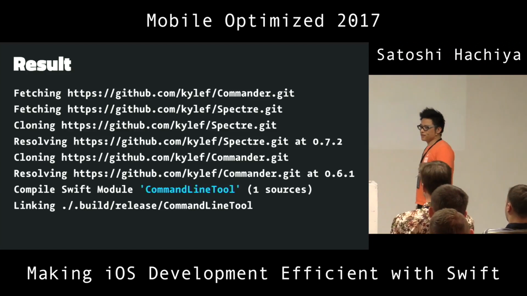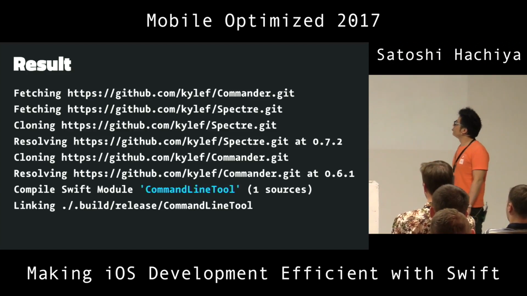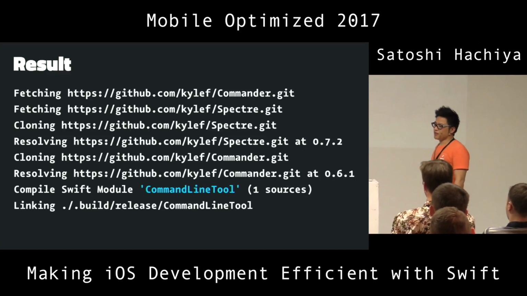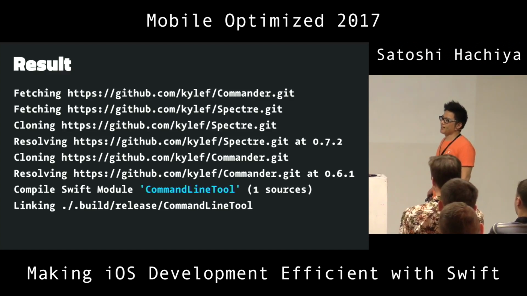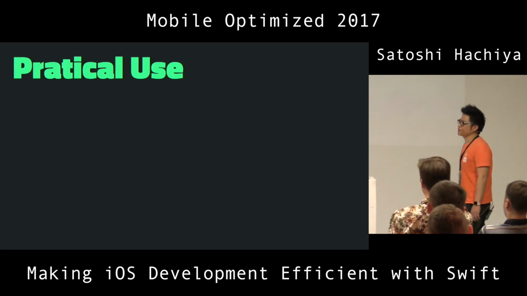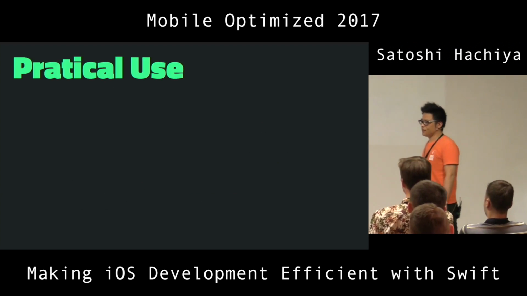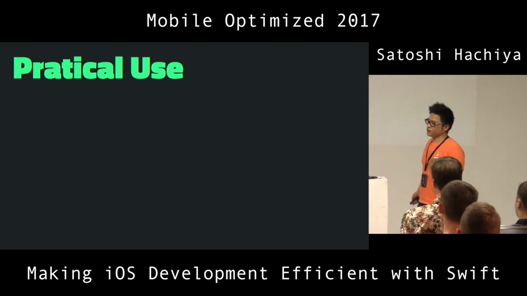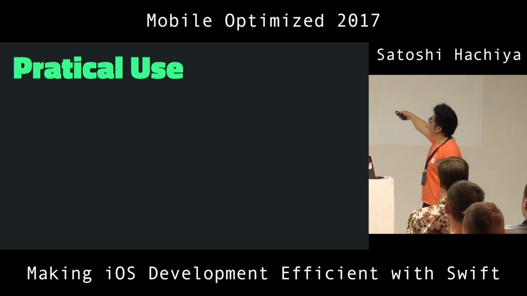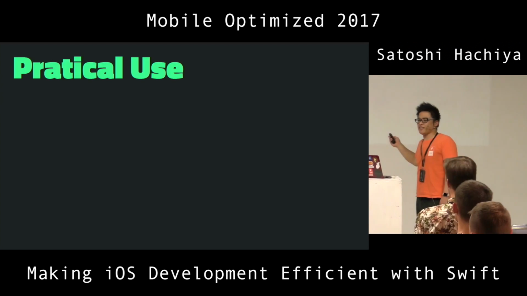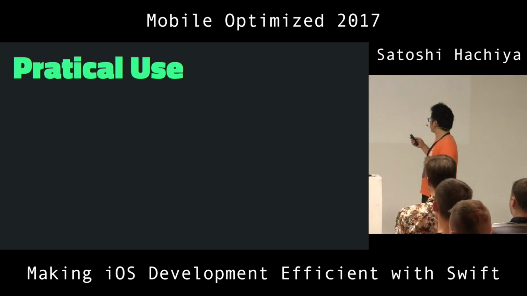The next example is releasing a package. To distribute our tools to other people, we use the release option of the swift build command. And I recommend using the option to link the Swift standard library for now.